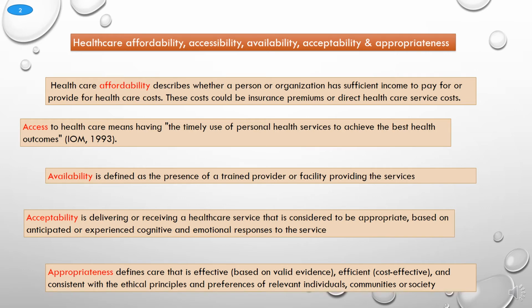And availability is defined as the presence of a trained provider or facility providing the services. Acceptability is delivering or receiving a healthcare service. And appropriateness defines care that is effective based on valid evidence, efficient, and consistent with the ethical principles and preference.